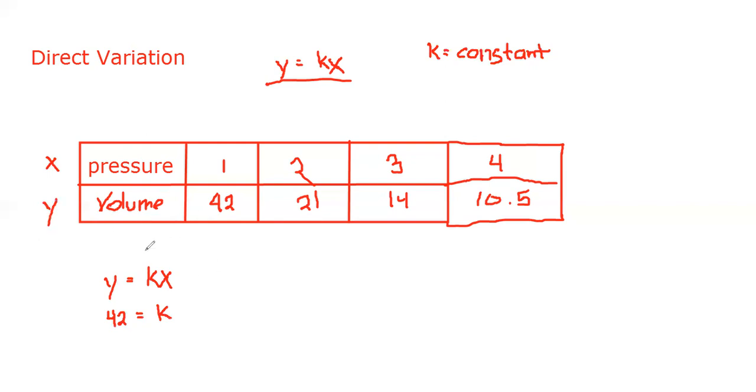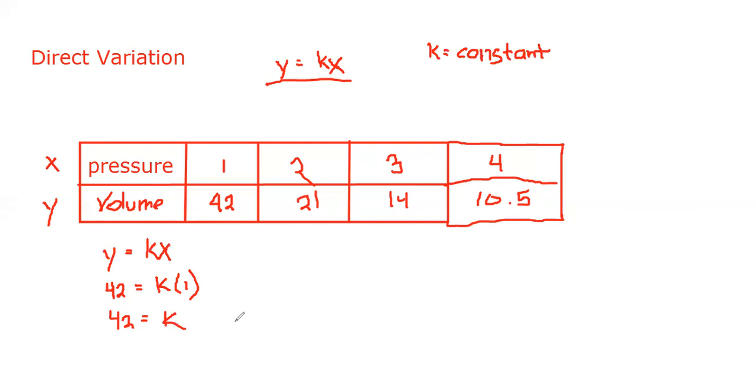Then, the x natin is the number 1. So, meron tayong y is equal to kx, which is the formula of direct variation. Then, y is equal to 42. So dito, magkakaroon tayo ng 42 is equals to k.